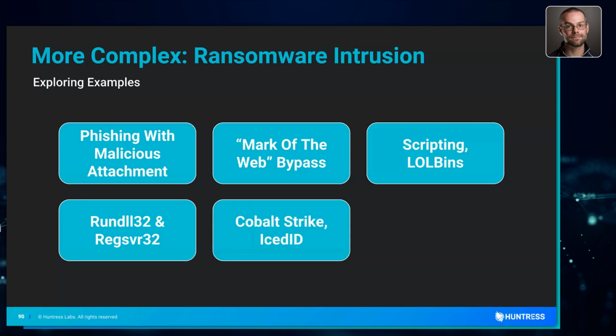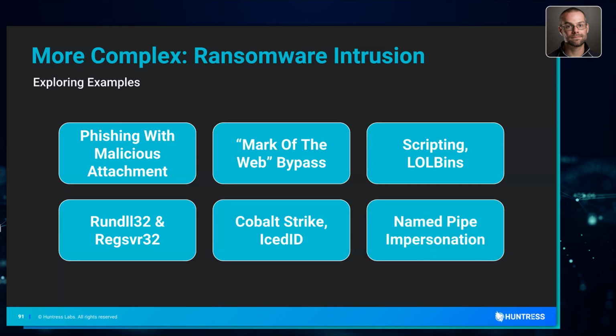Leveraging common tools like Cobalt Strike and IcedID for prosecuting operations and getting into the network in question, and using named pipe impersonation in order to escalate privileges within the environment. Lots of behaviors here that we can talk about and that we can look for signs of, and that can lead to multiple potential hunting hypotheses to explore and interrogate the environment that we are defending.